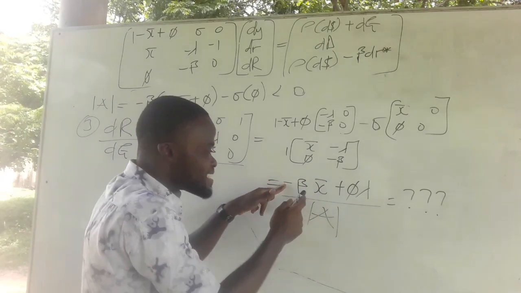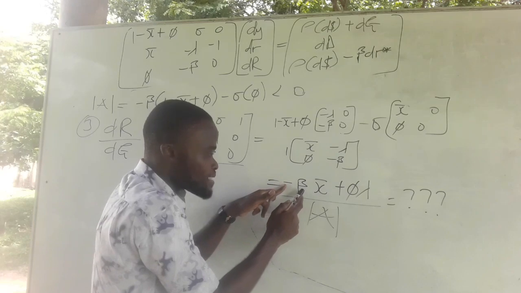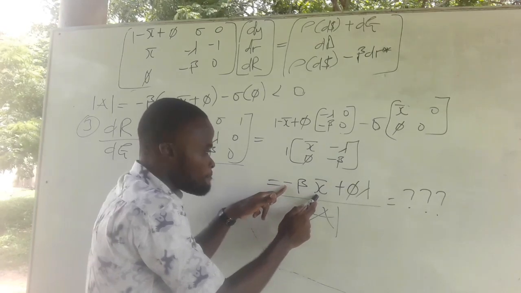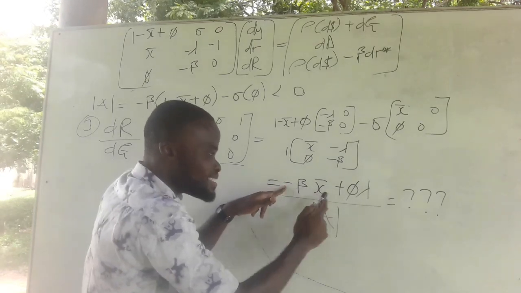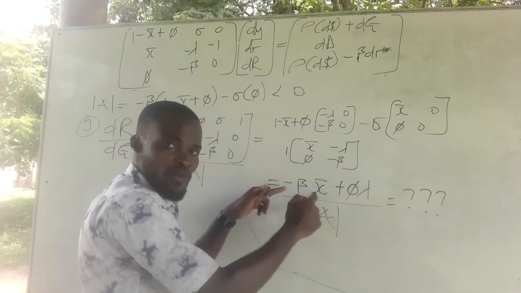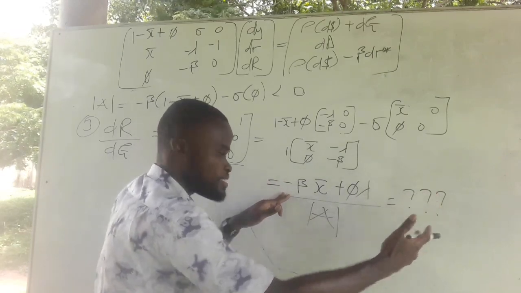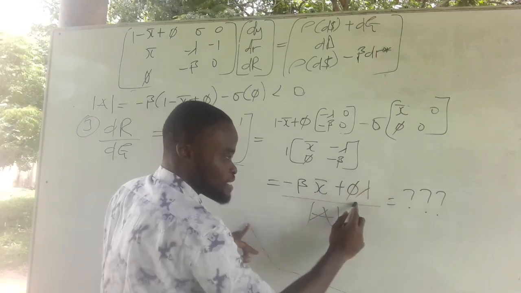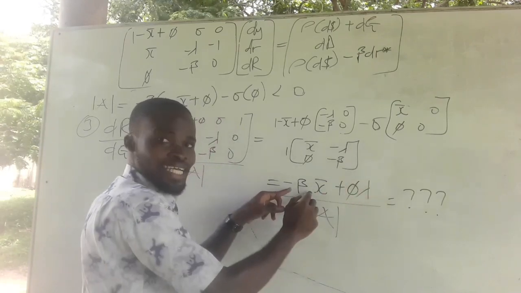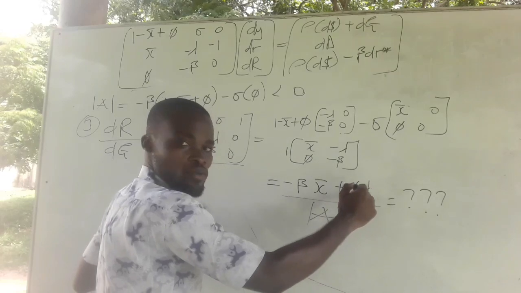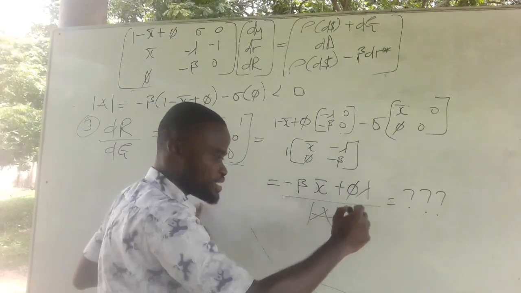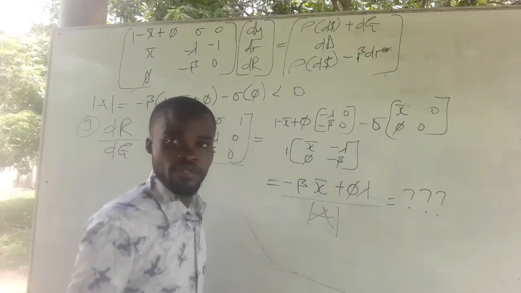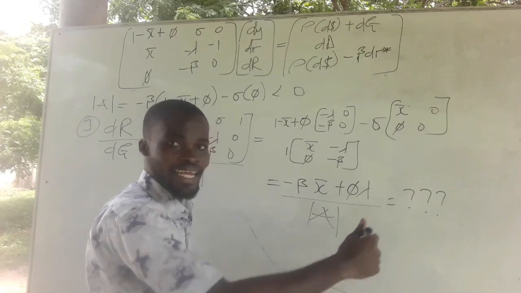So unless the negative here, that is beta pi, is greater than this figure, then we get a negative where the policy will become effective. Now on the other hand, if the positive figure, that is pi lambda, becomes greater than the negative here, that means our numerator will be positive, and for that matter, you have a negative answer, giving us an ineffective policy.